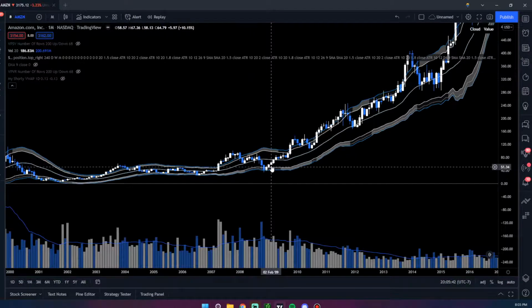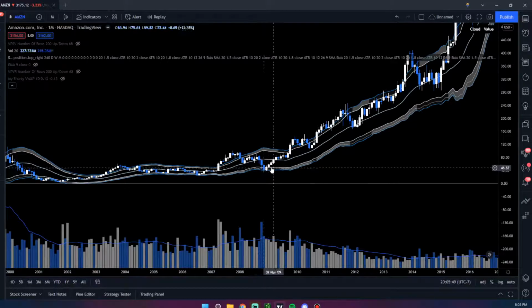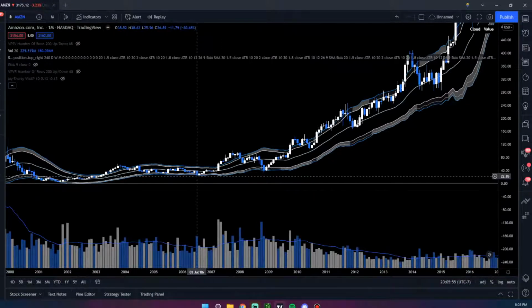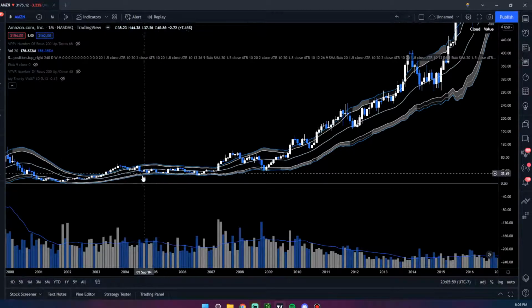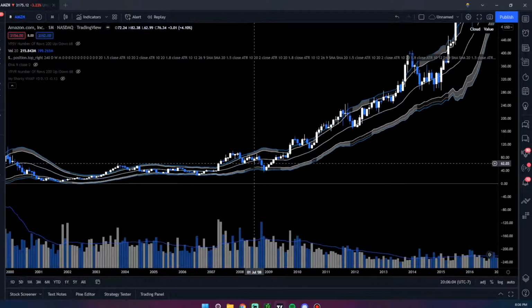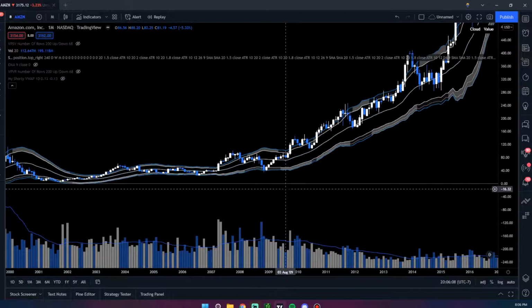When Amazon or big tickers get down close to the monthly bottom clouds, you're going to see a massive sell-off. This is 2006. Yeah, you'll end up seeing a good sell-off here. So just something to be aware of.